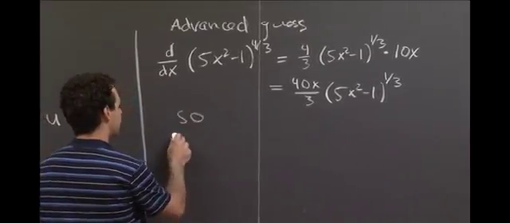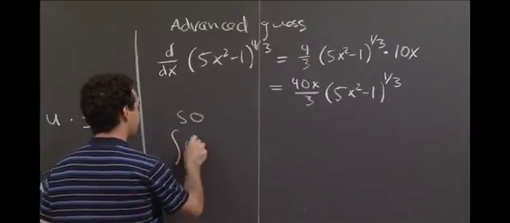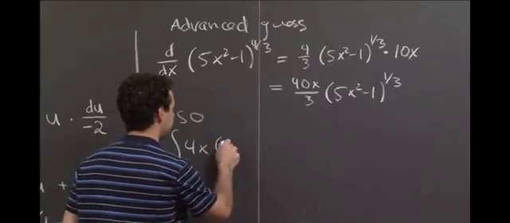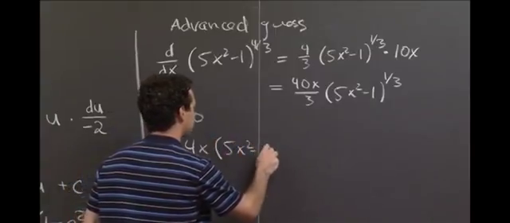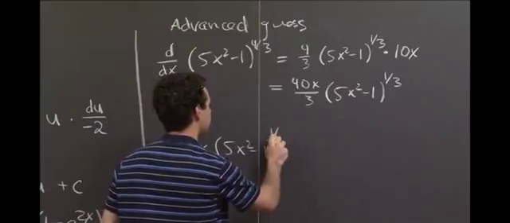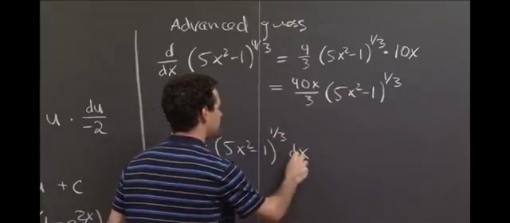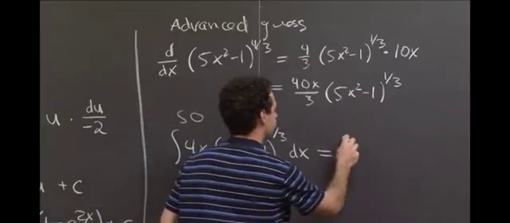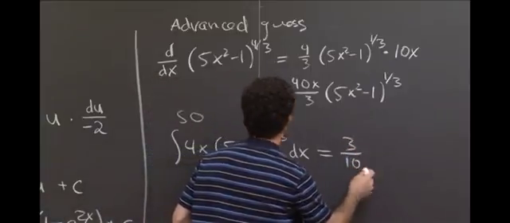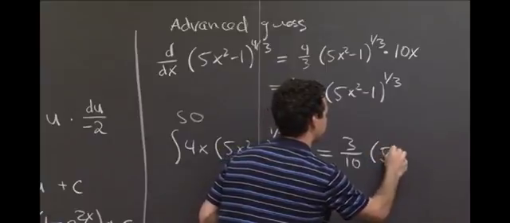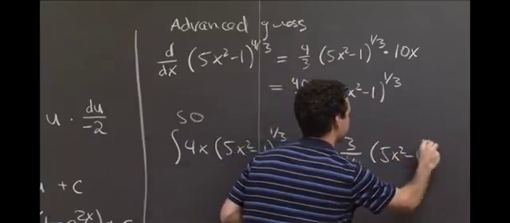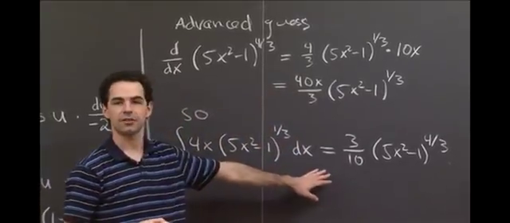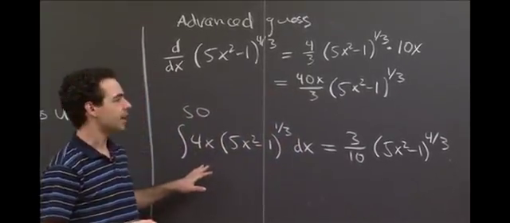So we get that the antiderivative of 4x times (5x squared minus 1) to the 1/3 dx is equal to 3/10 of this (5x squared minus 1) to the 4/3. Okay, so that's our second antiderivative, which we got by advanced guessing.